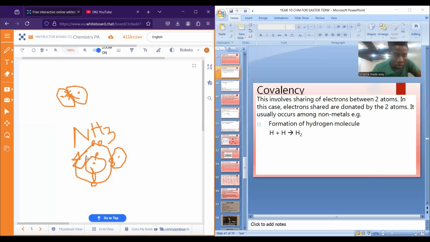Another hydrogen is attached here. Another hydrogen is attached here. Another hydrogen attached here.